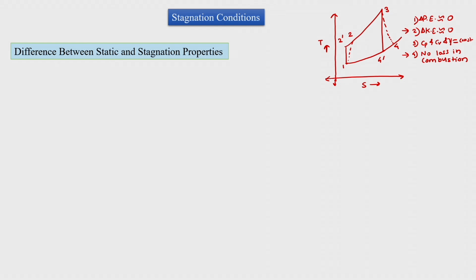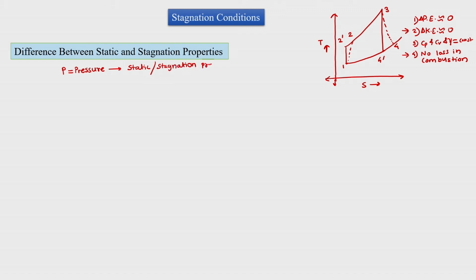Whenever we talk about thermodynamic or fluid dynamic parameters, suppose I consider P, which is pressure, then we say that there are two types of pressures: one is static pressure and the other is stagnation pressure.